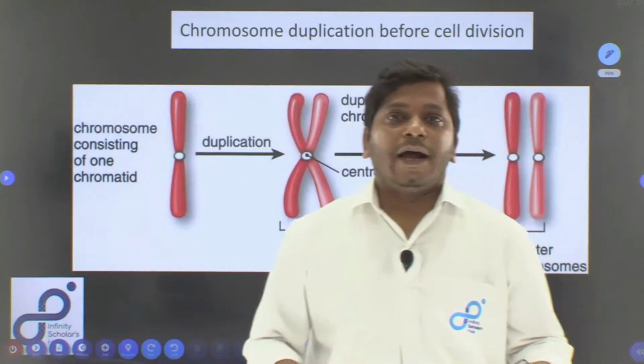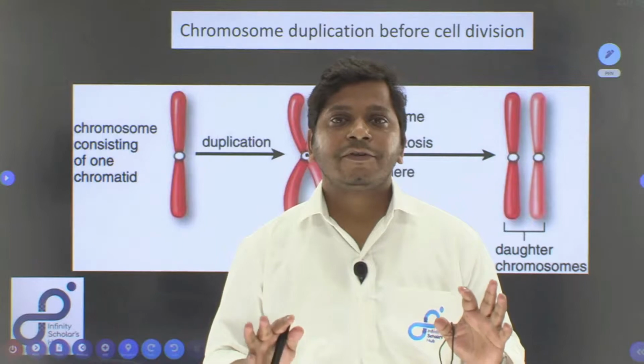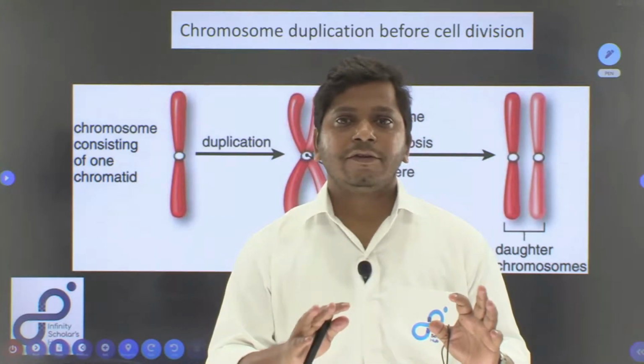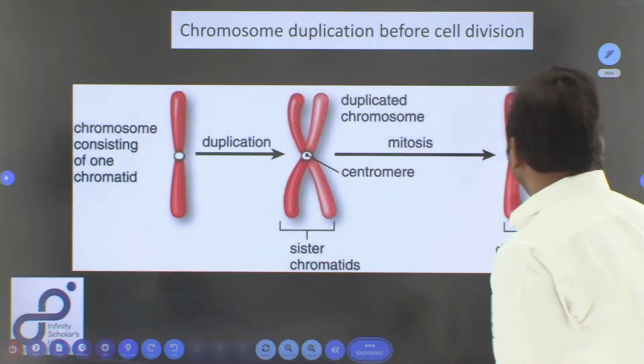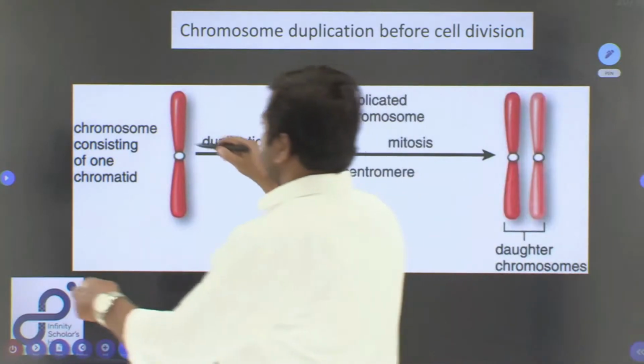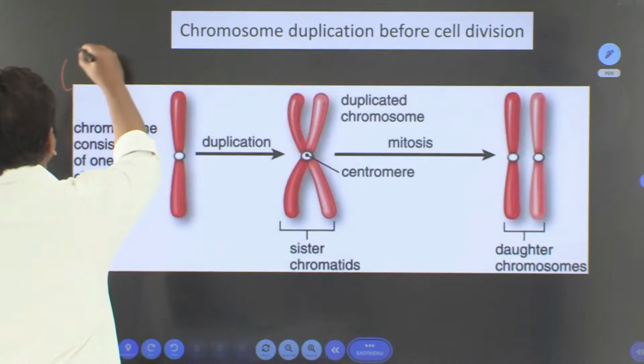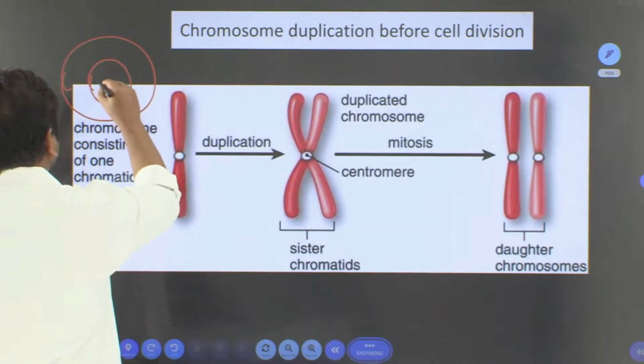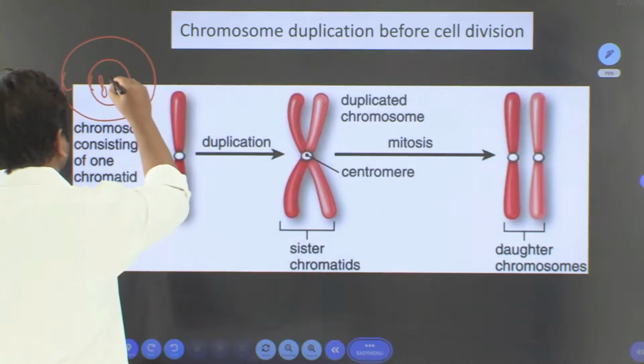As you know, during the process of cell division, what happens to the chromosome number? For example, this is a given cell. Inside the cell we have the nucleus, and inside the nucleus we have the chromosomes, right?